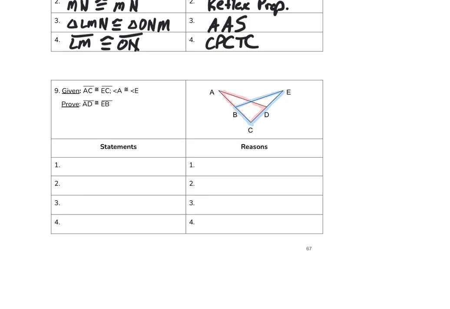Okay, now it's going to be very similar to the proof we just did, but here is what I would do. I would redraw those two triangles.